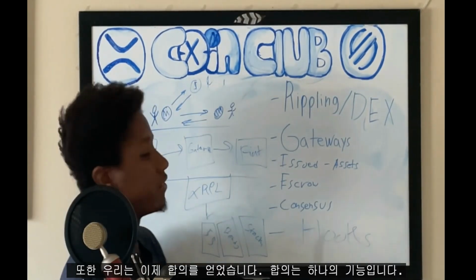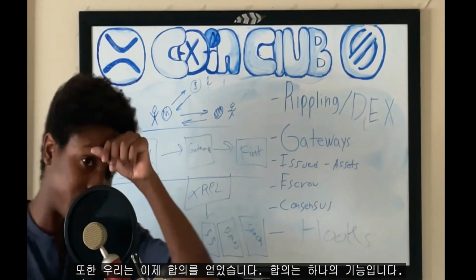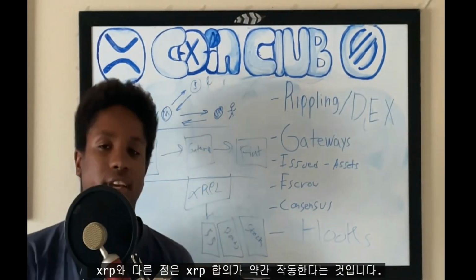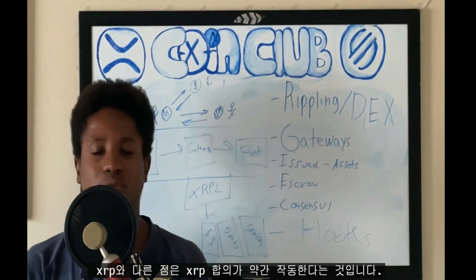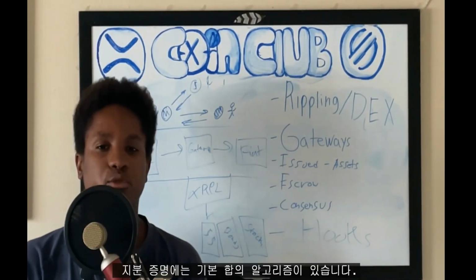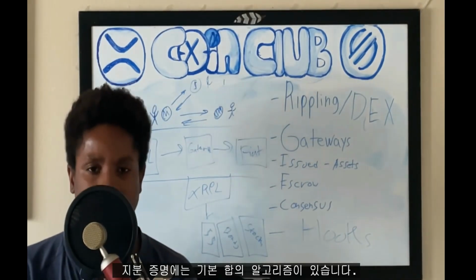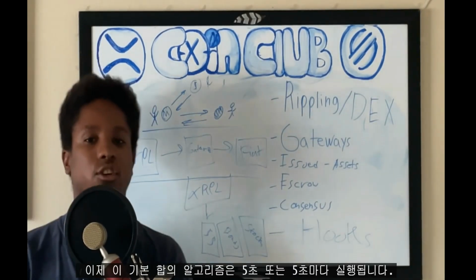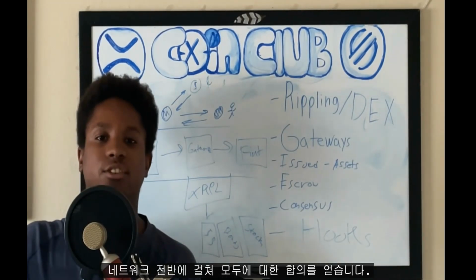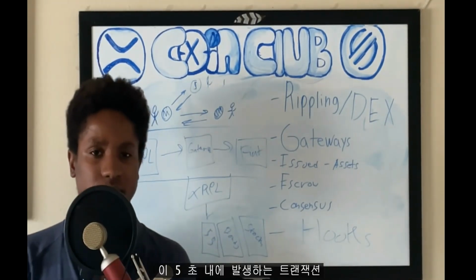Also, we have consensus. Now, consensus is a feature that's native to all blockchain technologies, but the thing that's different with XRP is the XRP consensus works a tad bit differently. Instead of being proof of work or proof of stake, it has a native consensus algorithm. This native consensus algorithm runs every 5 seconds throughout the network, gaining consensus for all the transactions happening within these 5 seconds.